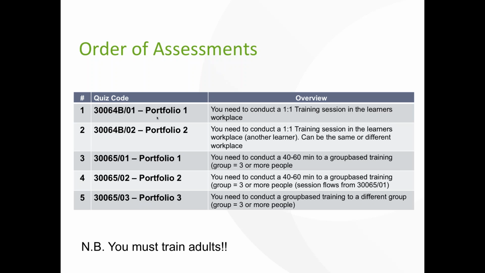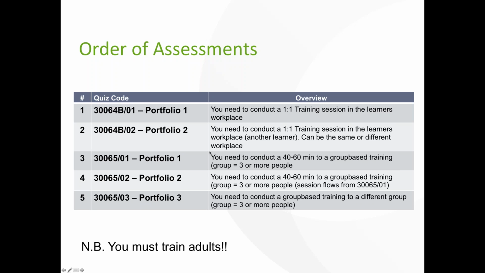Now, the assessments in Study Period 2, we have had a change, so we now have E0069C/01 and 02, and you do need to conduct training sessions with your learners, but you can also conduct initial and closure meetings. So I feel like the assessments that have been updated in workplace learning are a lot more streamlined than they used to be, and I hope you agree with me.